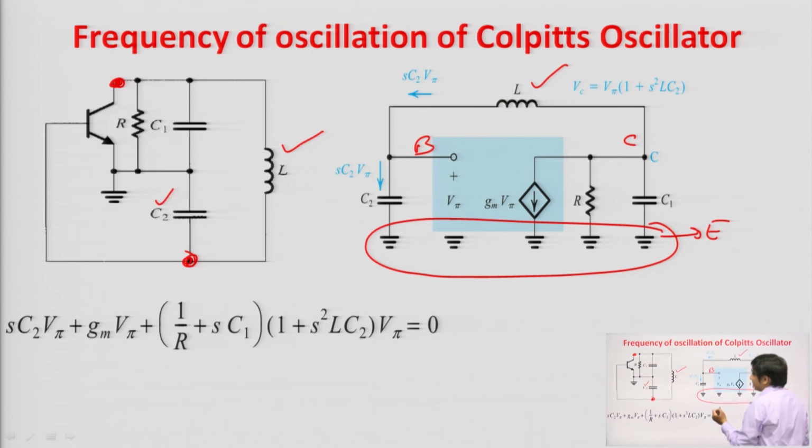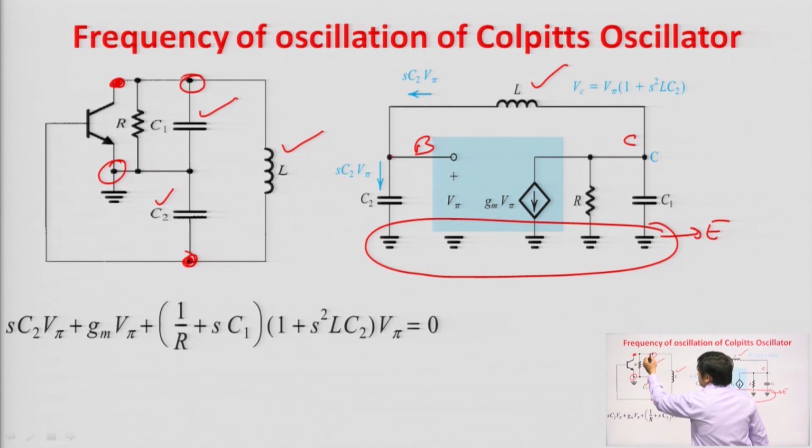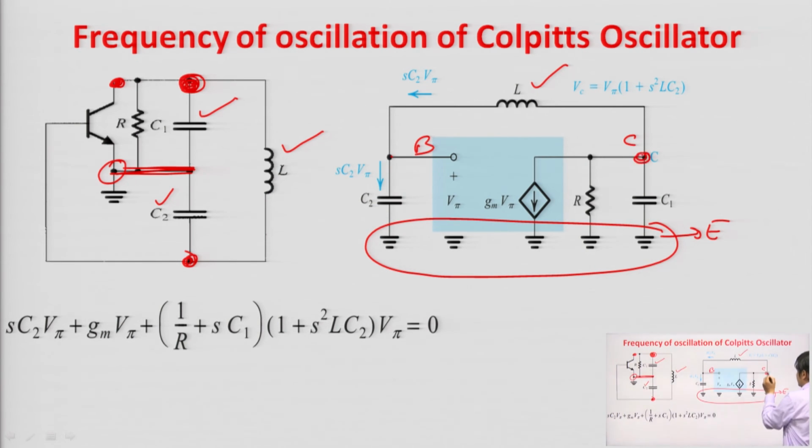Capacitor C2 is connected between base and emitter, emitter is grounded, and C1 is connected between collector and emitter. The resistor R is also connected between collector and emitter, and this is your dependent source. I have already discussed how to draw the equivalent circuit in the small signal analysis of BJT and MOSFET in unit 1.